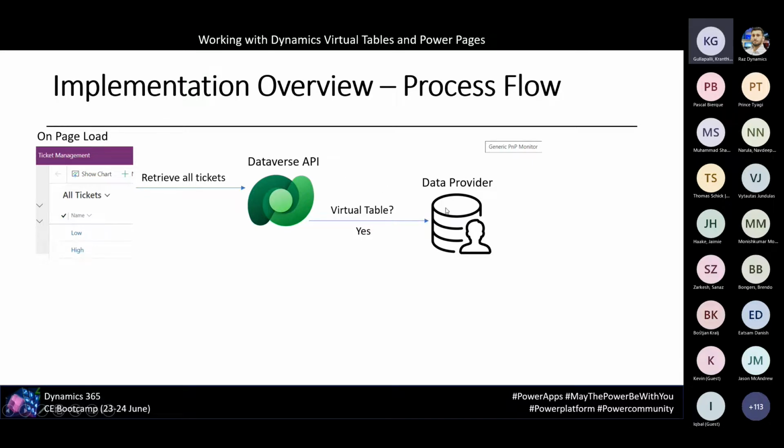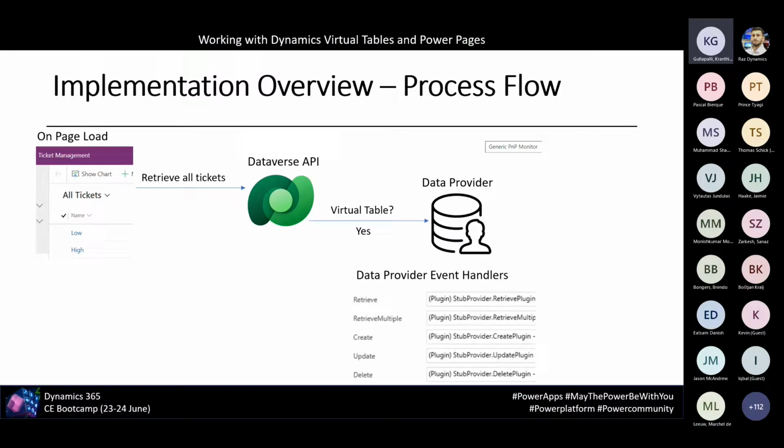And what exactly does this data provider need to supply? When we see this particular UI, we have a requirement to retrieve multiple records. Whenever we click a record, we retrieve a single record. And we can create a new record, update a record, or delete a record. So there are different operations which we can perform on a table, and this data provider needs to give us the capability to do all those things.